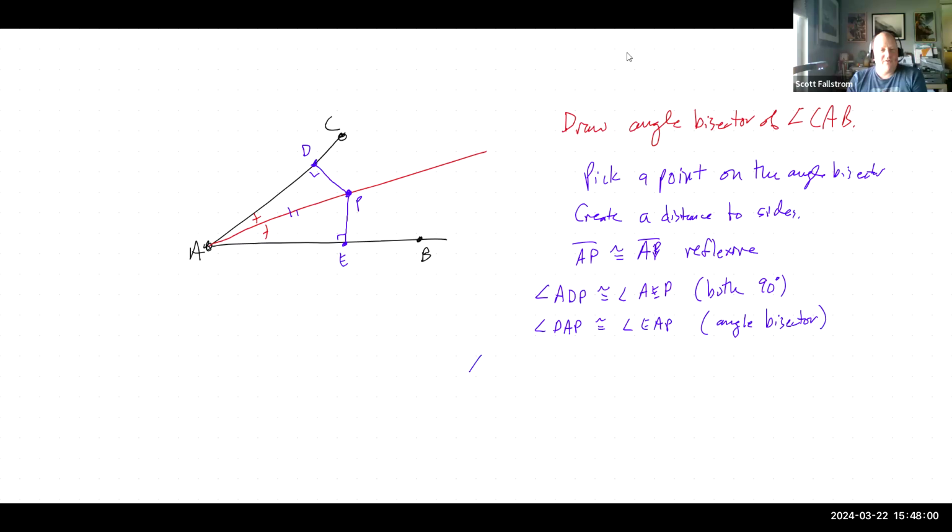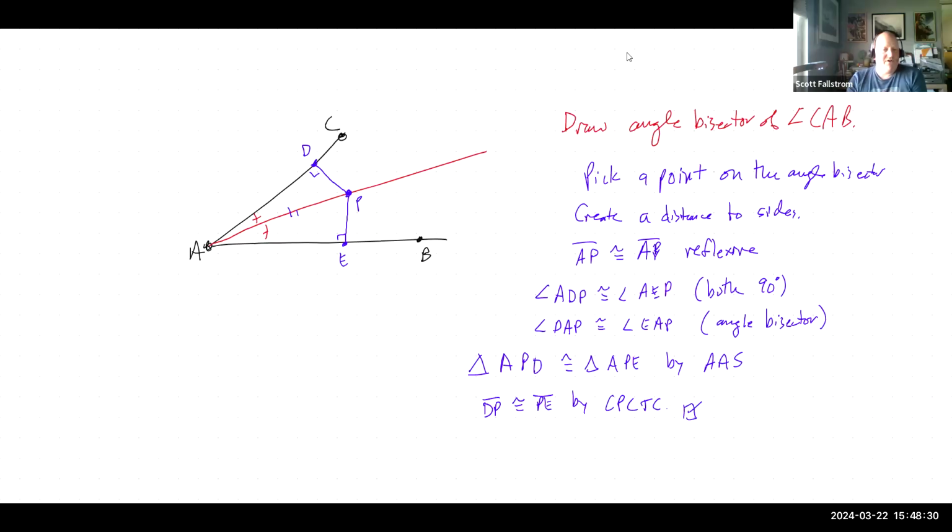So triangle APD is congruent to triangle APE by angle side angle. And if we have congruent triangles, then DP is congruent to PE by CPCTC.